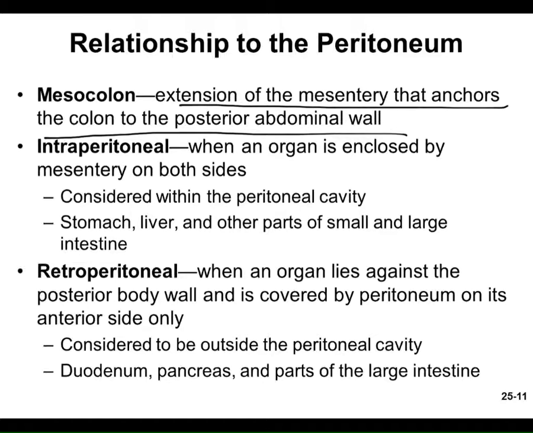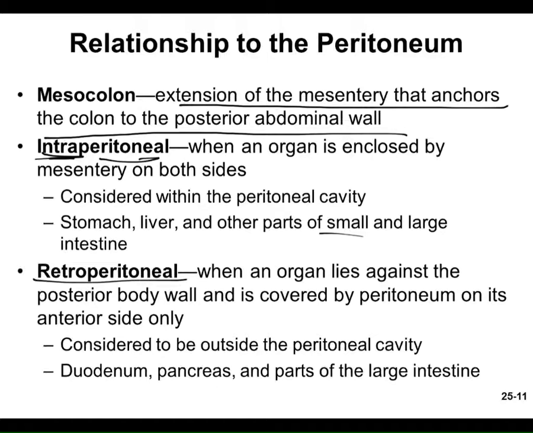And some of your organs are intraperitoneal. So what does intra mean? Within, right? The peritoneum. So these are organs that are completely surrounded by the mesentery, completely surrounded by the serous membrane. This is going to include your intestines, okay? But there are other organs that are retroperitoneal.